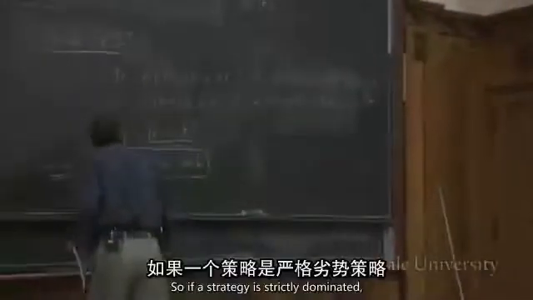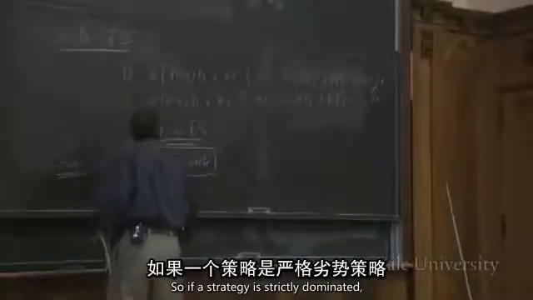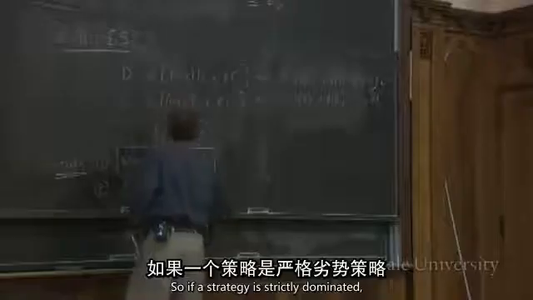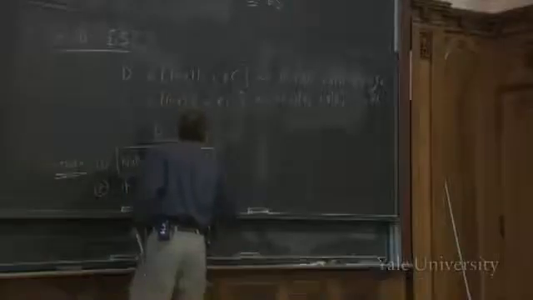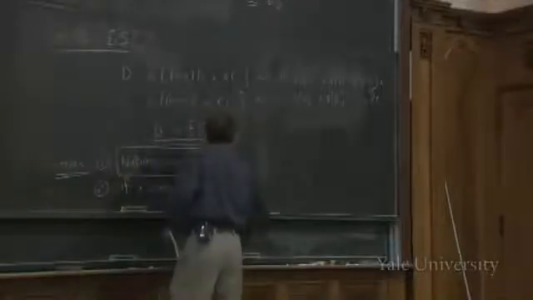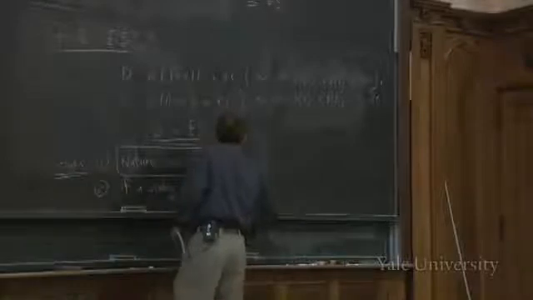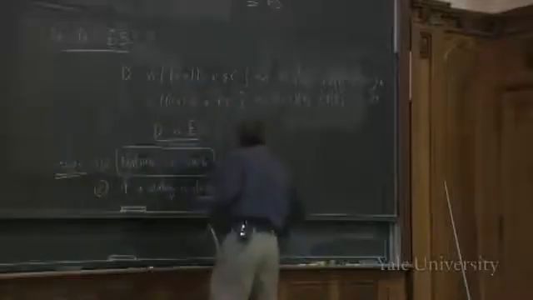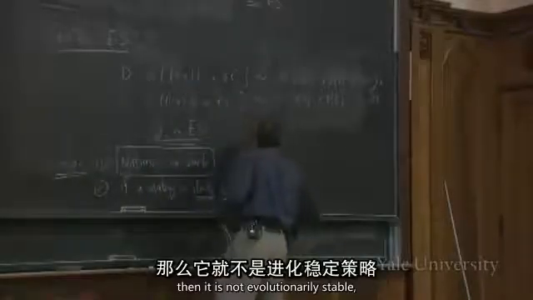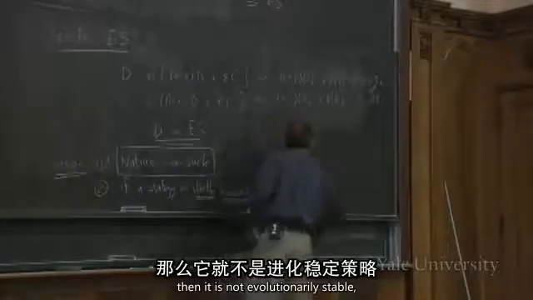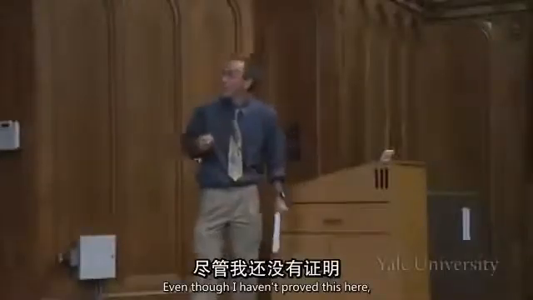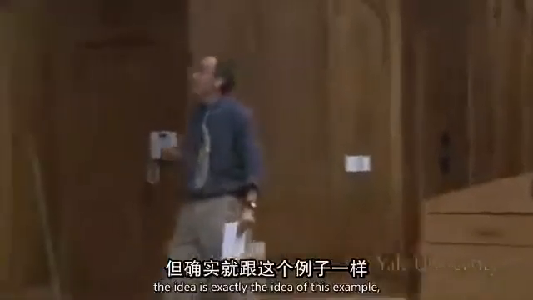So if a strategy is strictly dominated, and of course cooperate is strictly dominated here, then it is not evolutionarily stable, at least in this simple game of just asexual reproduction. And even though I haven't proved this here, the idea is exactly the idea of this example.